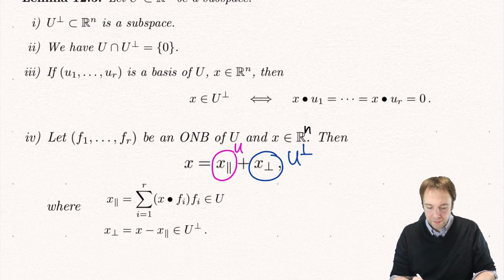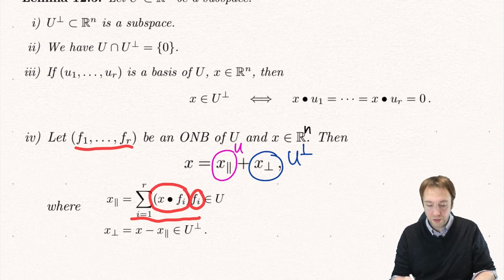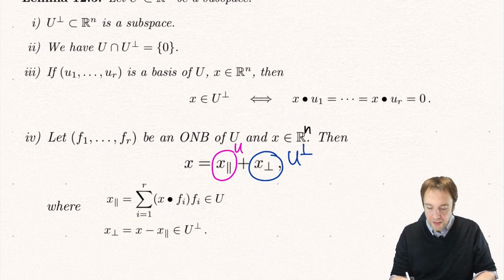And more precisely, this element in U is given by this thing here. So this is a linear combination of these basis elements, where the coefficients are given by the dot product of this X with the corresponding basis element. And this here is then just X minus this part here. The non-trivial statement, the thing we need to show, is that this is an element in U perpendicular.